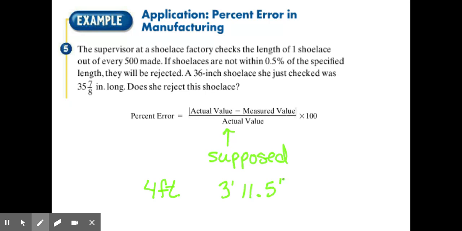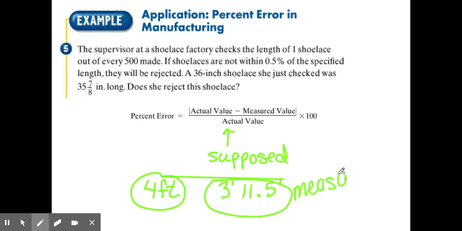I'm going to round that to 4 feet. So this is what it's supposed to be. This value is the measured value. It's the measure that when I actually take a ruler to it, that's the measured value.